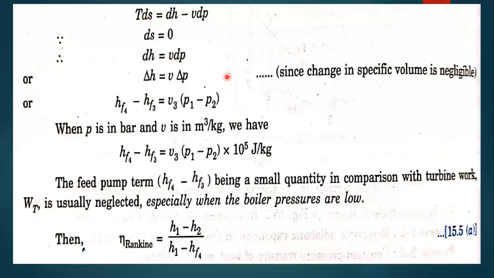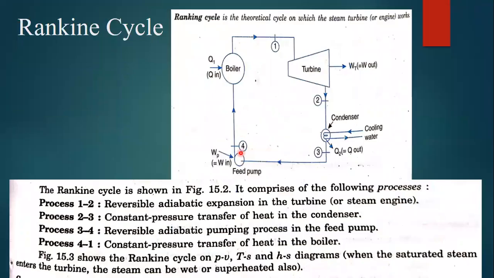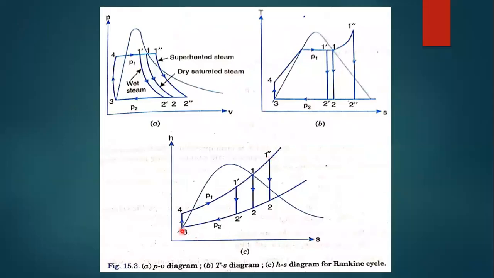Since the change in specific volume is negligible, but we need to take one value, delta H is equal to V into delta P. And we are going to consider the pump work here. What is the pump work? HF4 is going to be higher, so it becomes HF4 minus HF3.